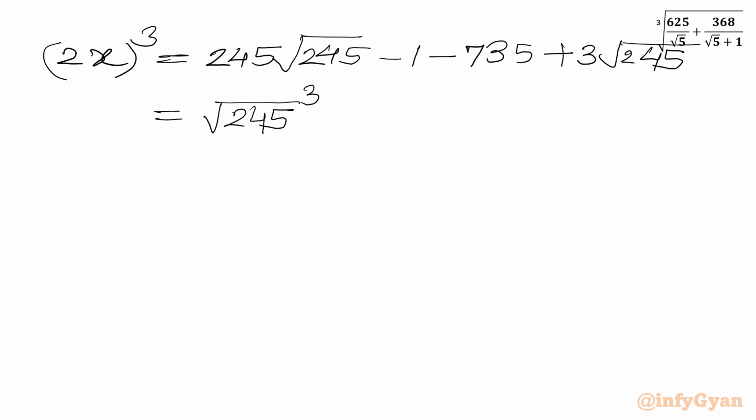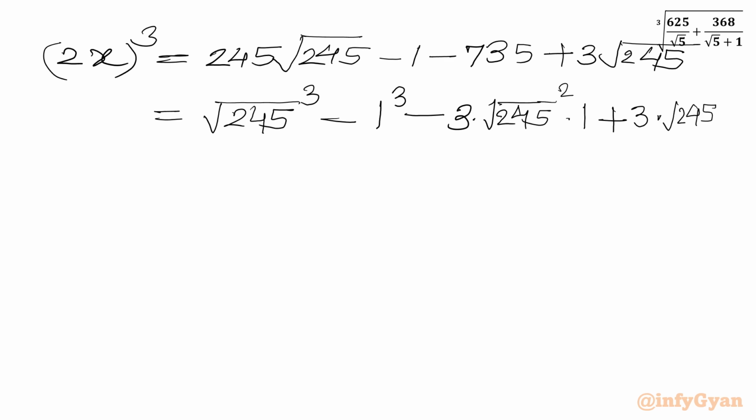Minus 1 I can write as 1 cube. Now minus 735 we can write as 3 times square root of 245 whole square times 1, and then 3 times square root 245 we can write as 3 times square root 245 times 1 square.